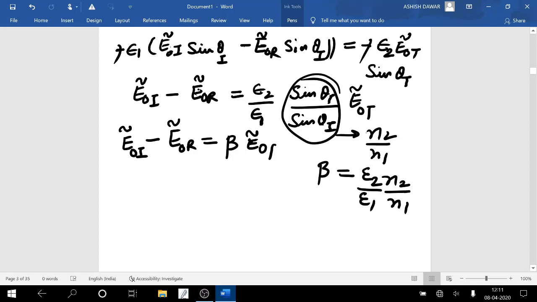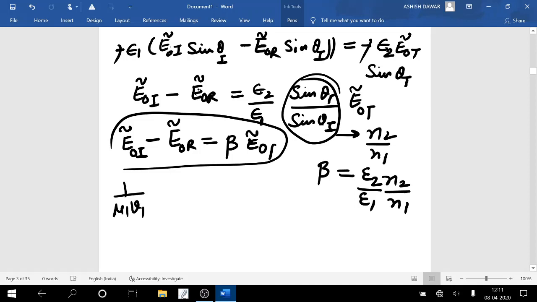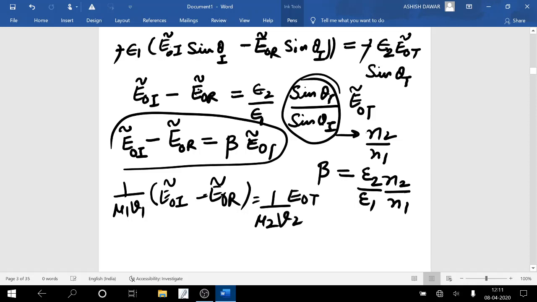Similarly the next equation, 1 upon mu1 v1 (E0i minus E0r) equals 1 upon mu2 v2 E0t, gives a similar equation.